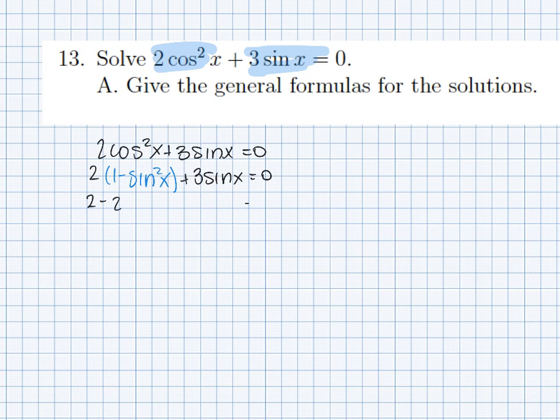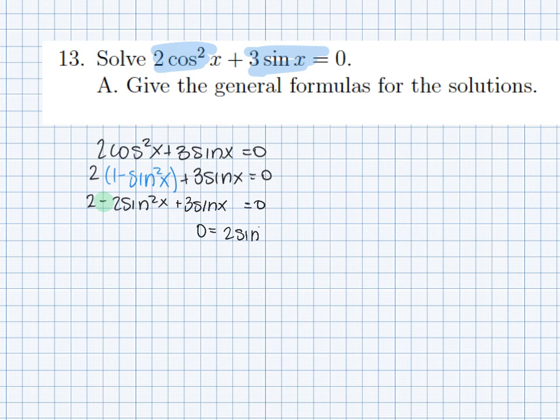2 minus 2 sine squared x plus 3 sine x equals 0. I really dislike that I have a negative in my coefficient here, so I'm going to just add or subtract everything from the other side.